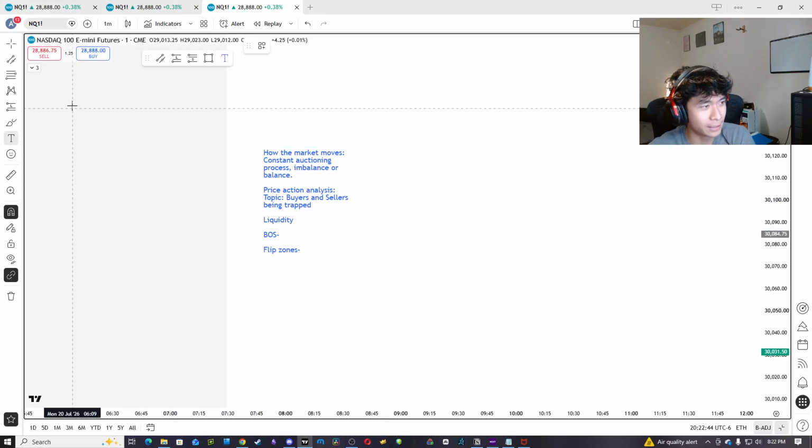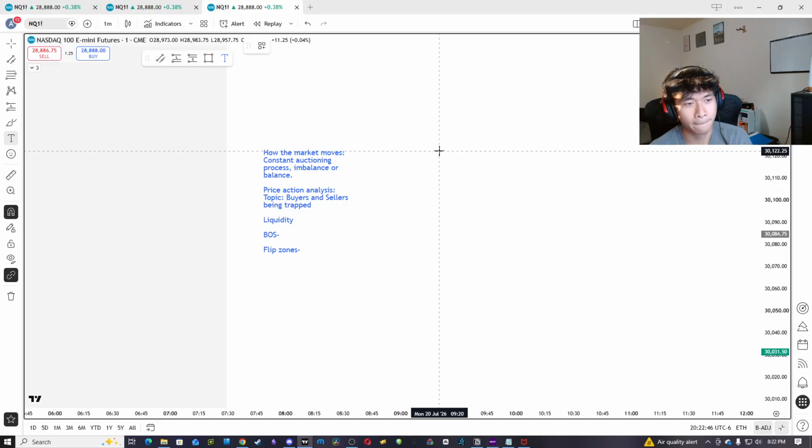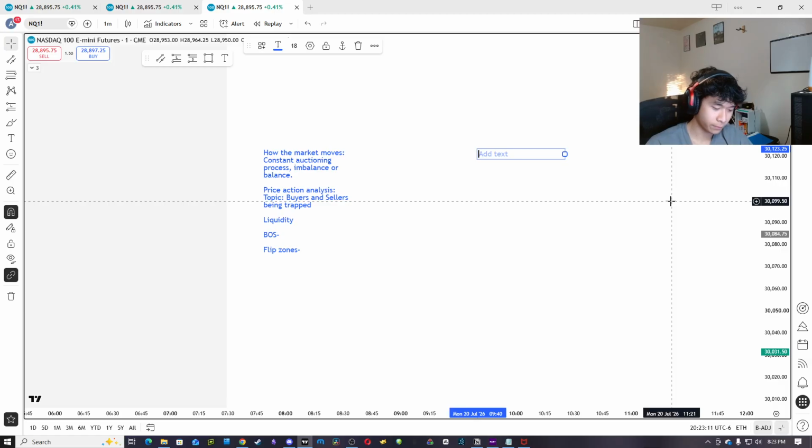What liquidity is essentially, a good analogy is that it's fuel. It's fuel for price to gravitate towards, because that is where these big banks and institutions and big orders can unload. So let's just use an example.